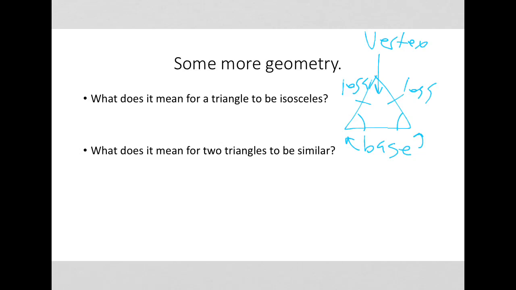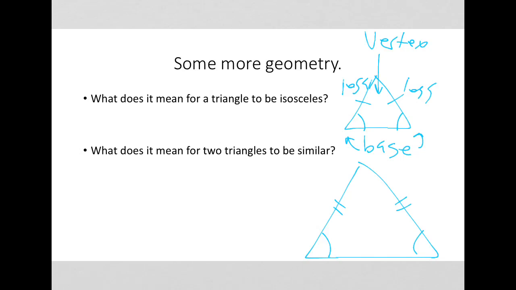What does it mean for 2 triangles to be similar? Well, 2 triangles are similar if they have the same angles. The legs will not be the same size as the legs of the original triangle, but they will be an enlarged version of that. I like to think of it as you took a triangle and you enlarged it.